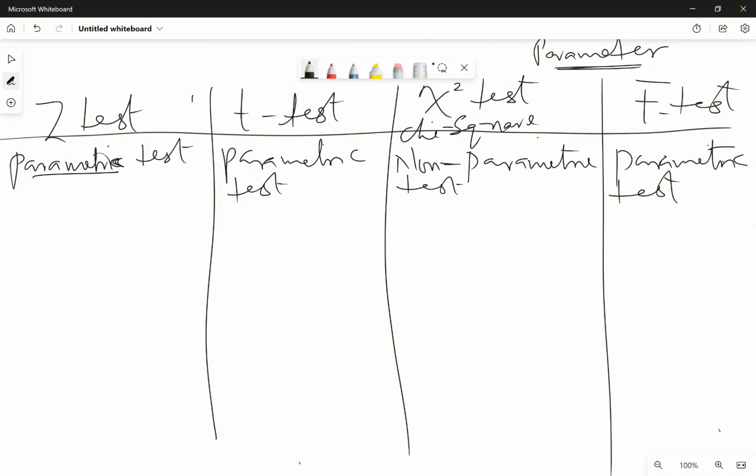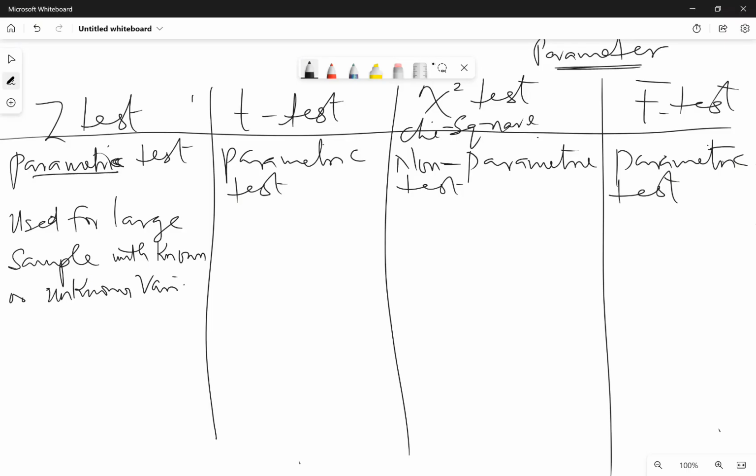Number 2, Z test is used for large sample, with known or unknown population variance or standard deviation.